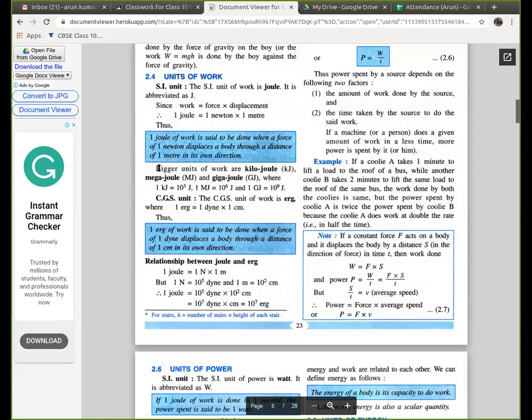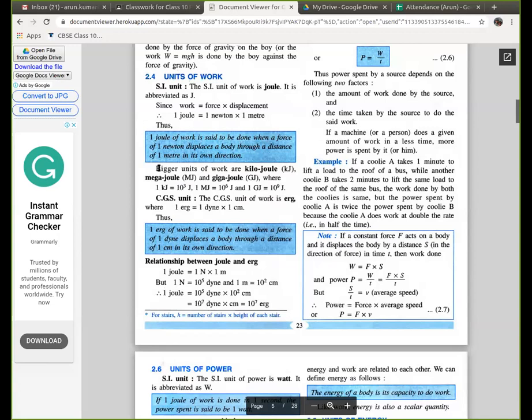So force is measured in a unit called erg. You can look up what an erg is. It's not very complicated, but remember you are expected to know. And distance is measured in centimeters, and of course we are assuming that both of them are in the same direction, so cos 0 degrees will be equal to 1.